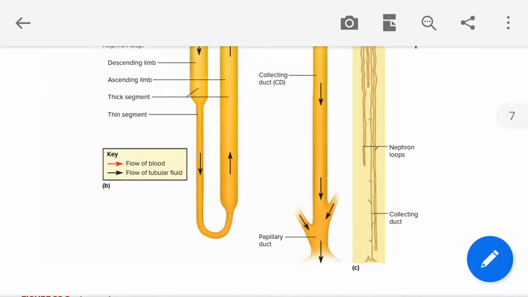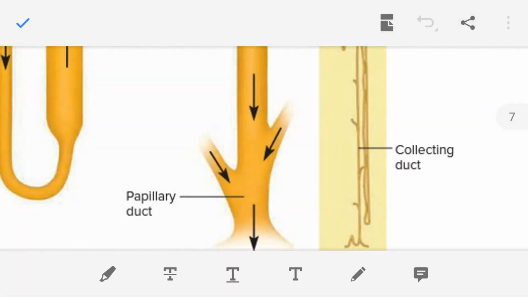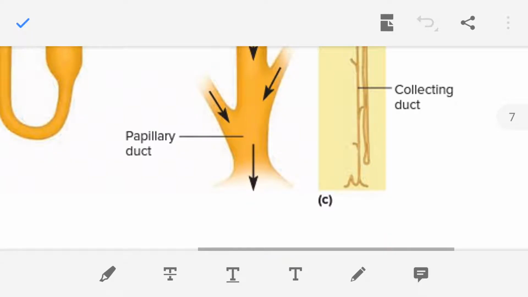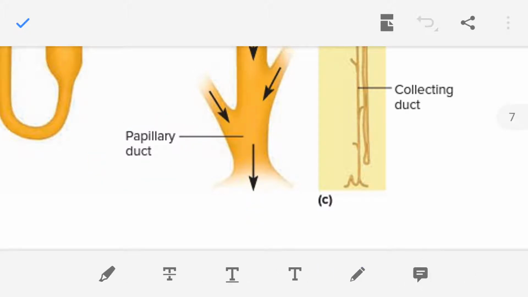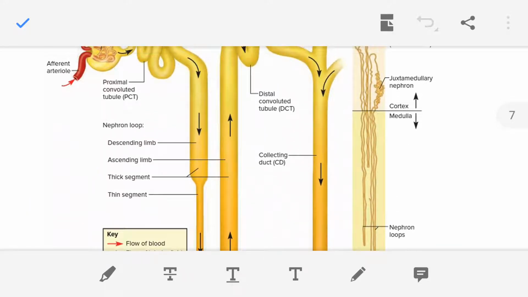In this figure, this one is collecting duct, this one is collecting duct, and this one is collecting duct. All these collecting ducts are opening into papillary duct, and papillary duct drains urine into minor calyx.